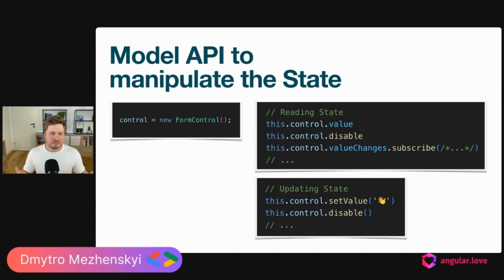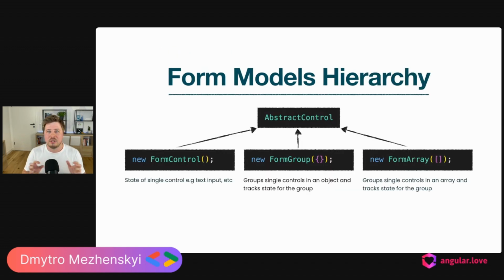So this is how we interact with the model and change its state. And it is not alone. There are actually multiple of these models, not only form control, but some others, and all of them extend the abstract control. This is the abstract class where most of the API you saw is inherited by all these derived classes.